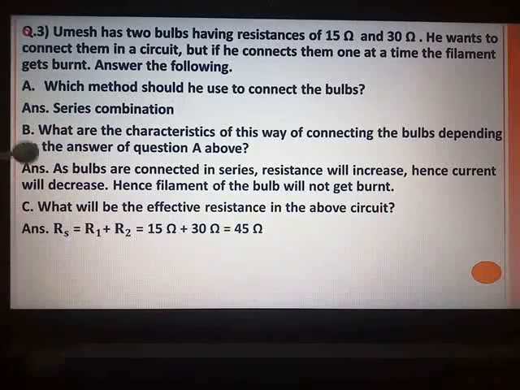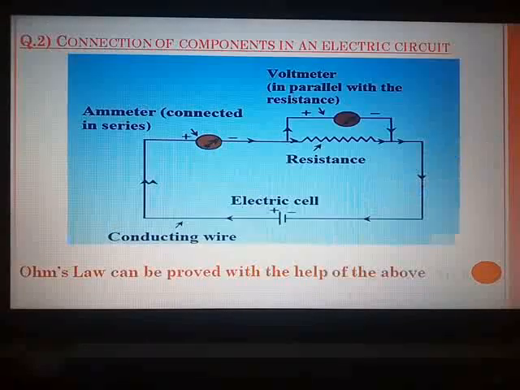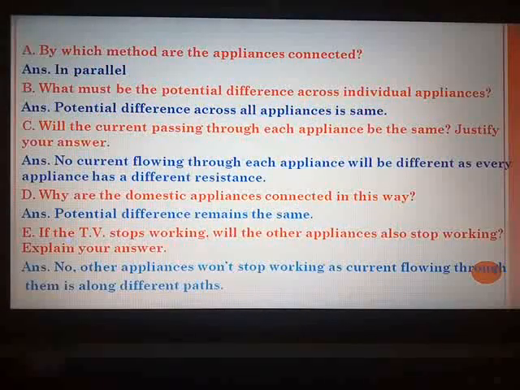Then put B, write the answer. Put C and write the answer. Even for your previous slide also. Here also, no need of copying all these questions. Only put the proper question number, that is question number 1, A in parallel combination, B this answer. Understood? So this way your work will be lowered.